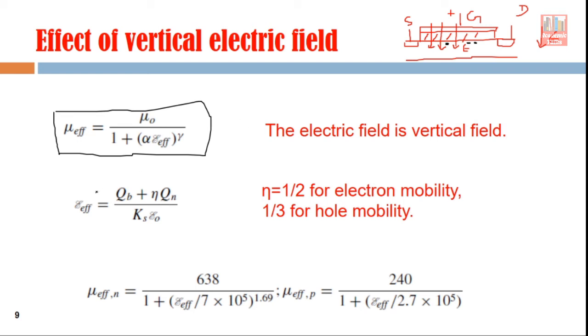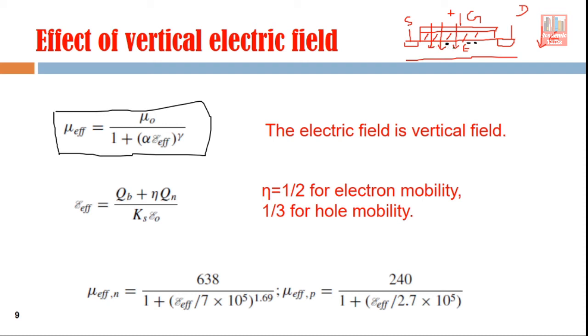Now this electric field is always because of charge separation. If we talk about the charge on the gate side, that charge is because of the supplied gate voltage. If we talk about the charge on the semiconductor side, it is because of two things.